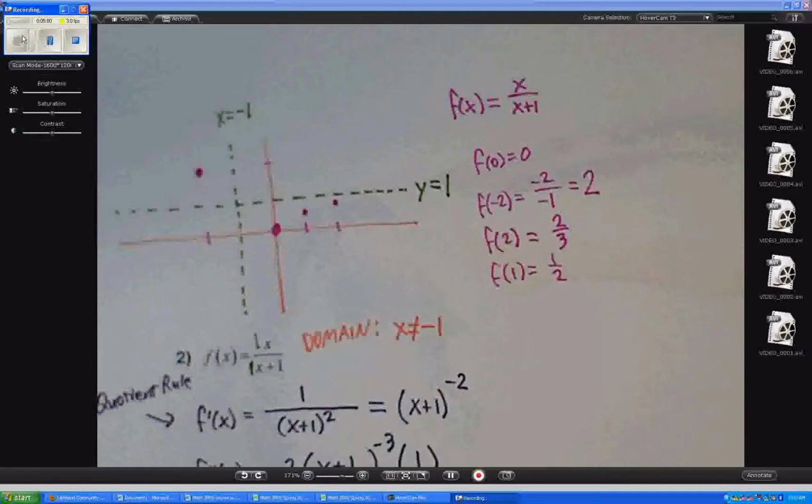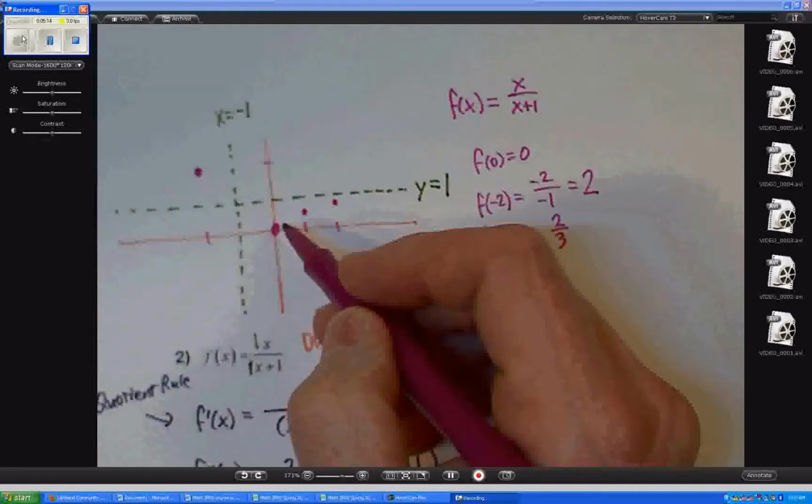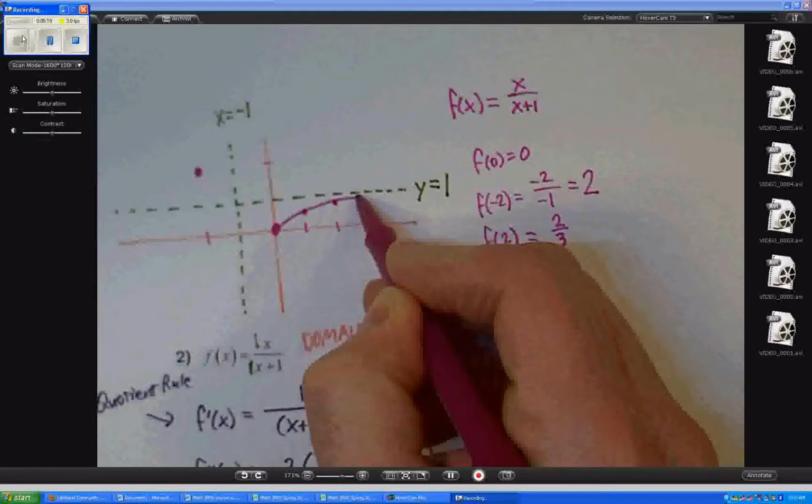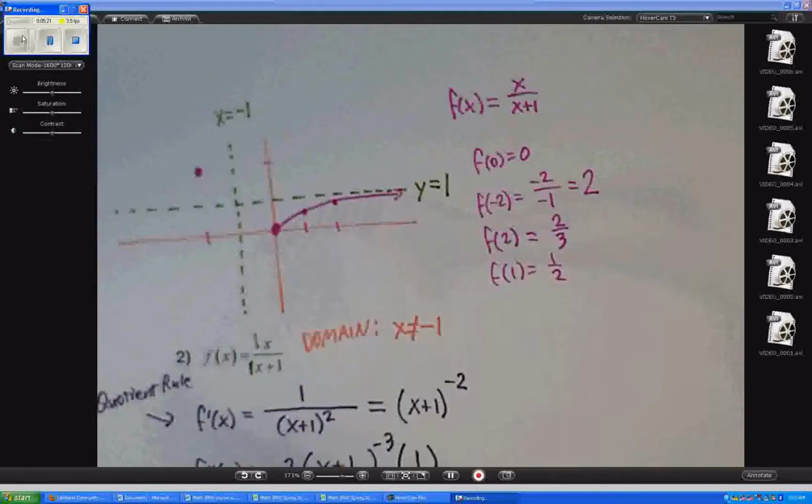And you guys are right. I'm just graphing like I used to in an algebra class. Isn't that correct? But I did draw these asymptotes, and that kind of tells you what's going to happen. If I continue to move to the right, what's going to happen, guys? I get closer and closer to that 1. See that? But I never actually touch it.